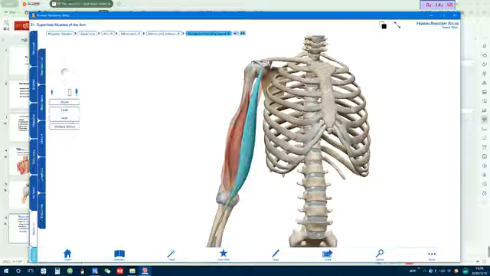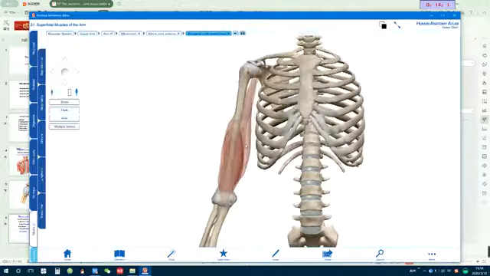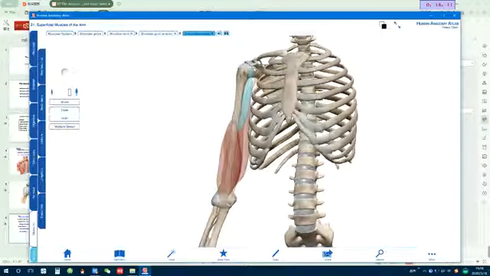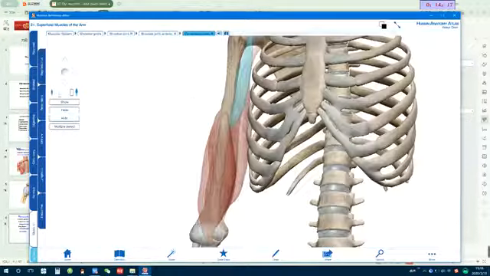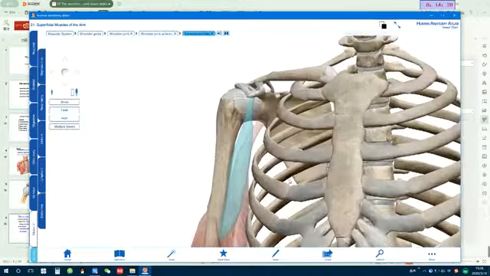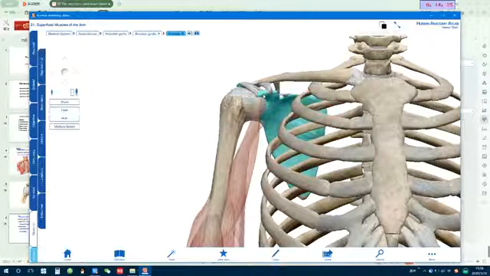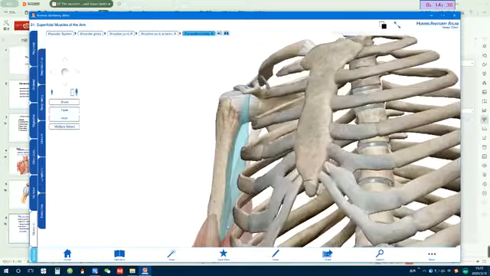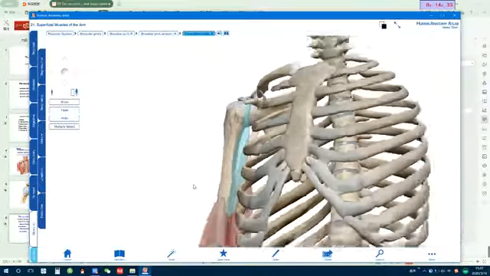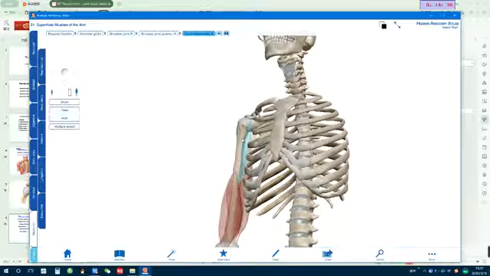Now I'll hide it. Okay, under it there are two muscles. And this one is coracobrachialis. Yes, coracobrachialis. This muscle is from the coracoid process of the scapula. Here is the coracoid process of the scapula, and then it goes downwards. This muscle will end in the middle of the humerus, in front of the humerus, coracobrachialis.